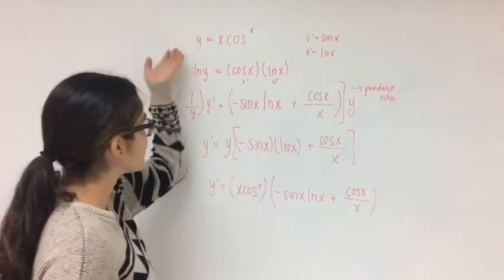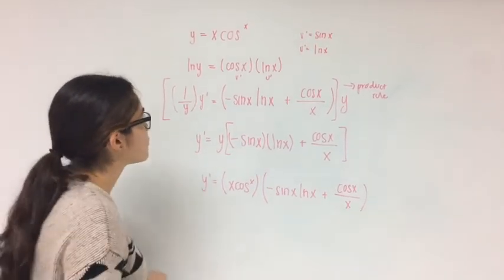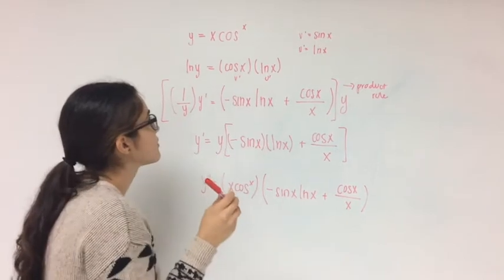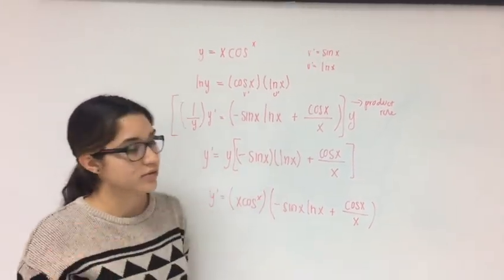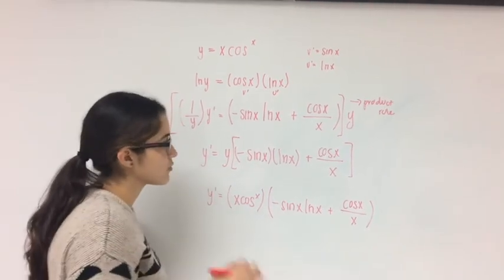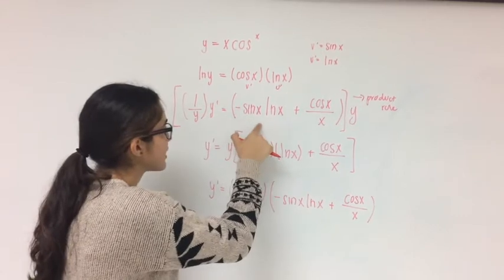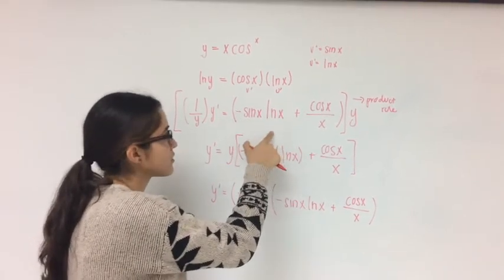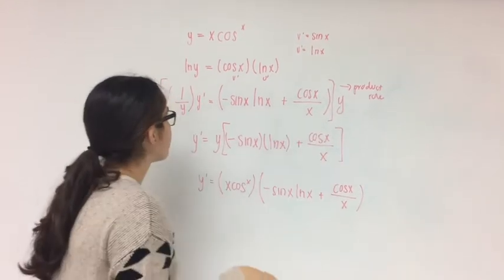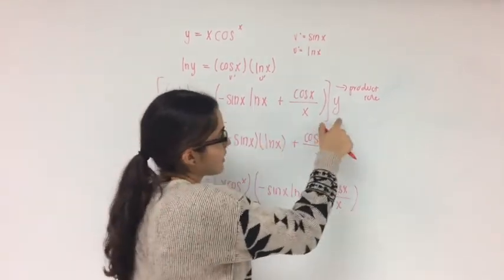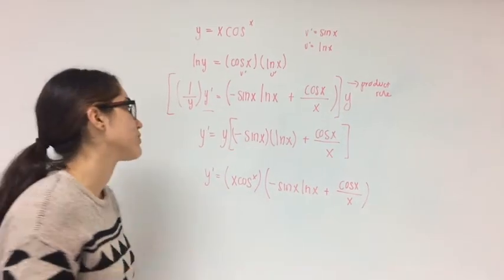First, when we see this problem, we know we have to use rules of natural logs. So we know that after this we will have b prime and u prime, and after this we know we have to use the product rule to solve it. So after the multiplication and the sum, we will have minus sine multiplied by natural log of x plus cos of x divided by x, and all of this will be multiplied by y to get y prime, which is what we're looking for.